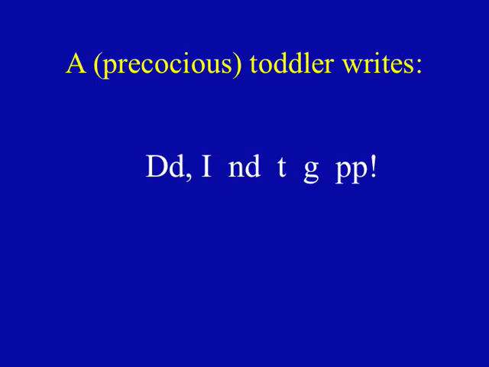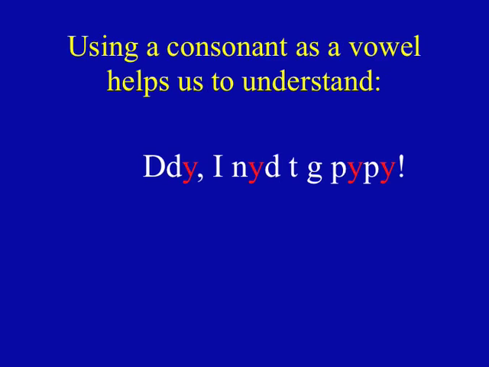Suppose a precocious toddler writes you a note that looks like this. Can you read it? Well, let's see what you got. Perhaps the toddler meant, Daddy, I need to go pee-pee.